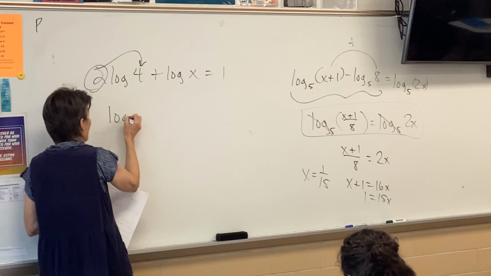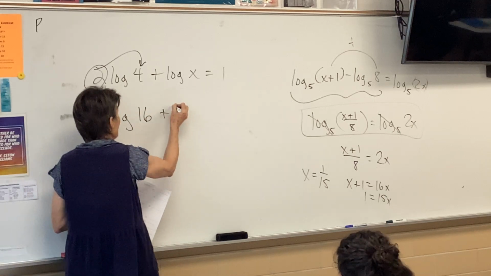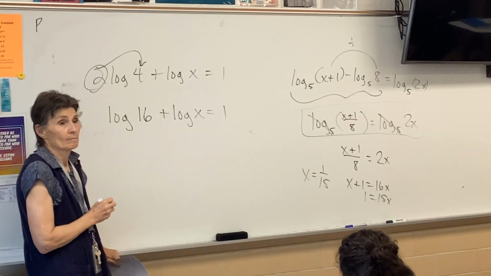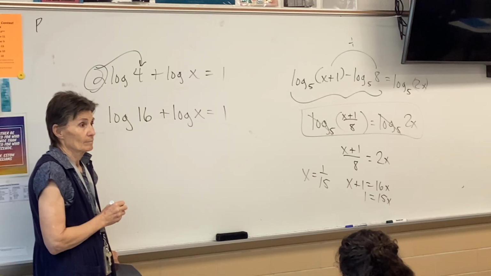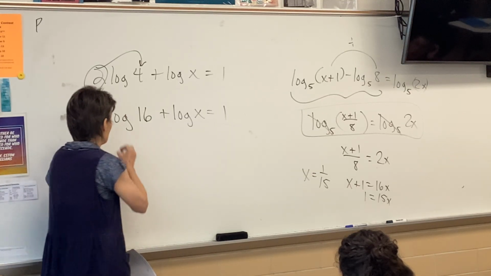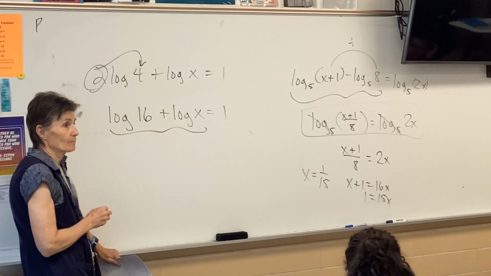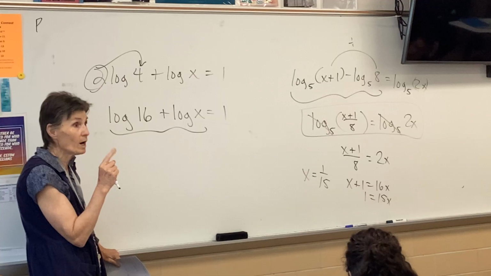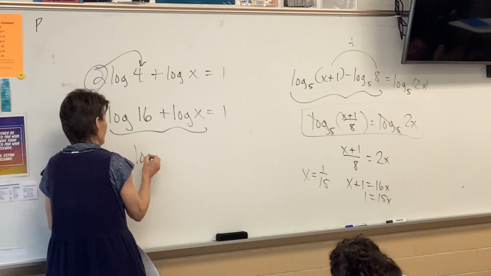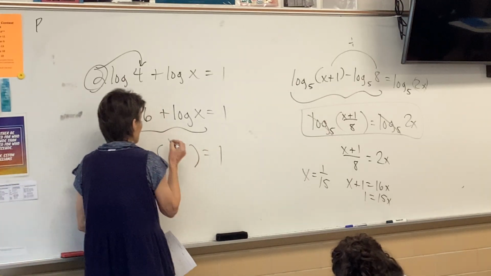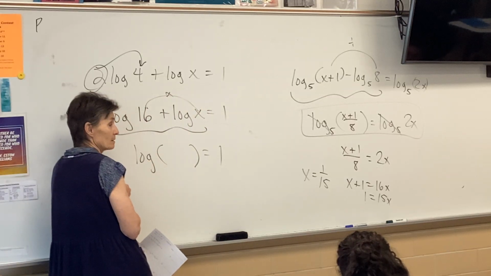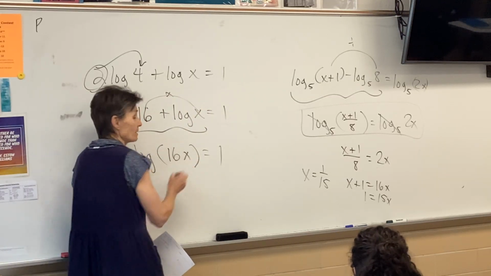So this is the log of 16 plus the log of x equals 1. Now, can you do this? Not without making them into one log. So log. What am I going to do with these numbers? Multiply. So log 16x.